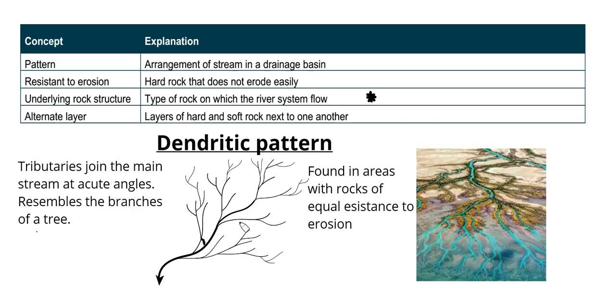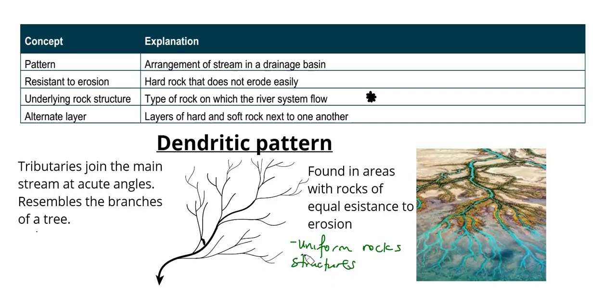Where do we find this type of dendritic pattern? We find it in areas with rocks of equal resistance to erosion. So what type of rocks are these? We are saying they are uniform rocks, uniform rock structures.